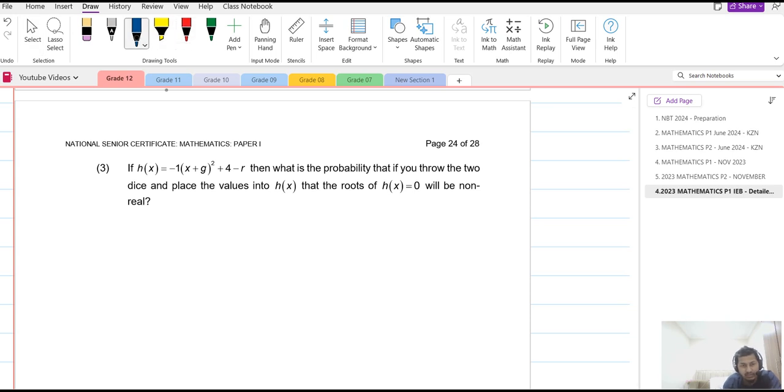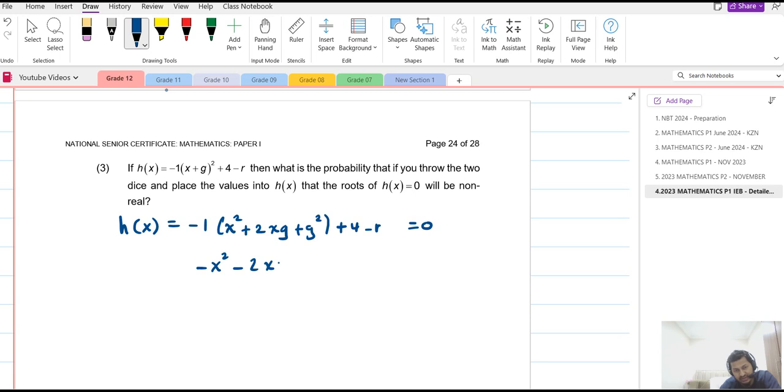We need to open up h of x. h of x is now equal to negative 1 times (x squared plus 2xg plus g squared) plus 4 minus r, equal to 0. Expand this by removing the brackets: negative x squared minus 2xg minus g squared plus 4 minus r is equal to 0.